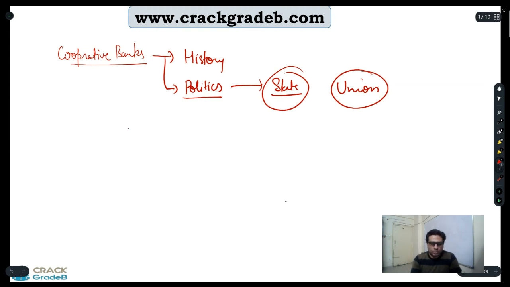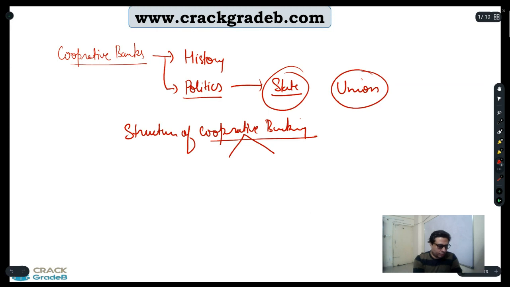Then I went to the structure of cooperative banking, right? Basically cooperative banking has two kinds of basic structure.